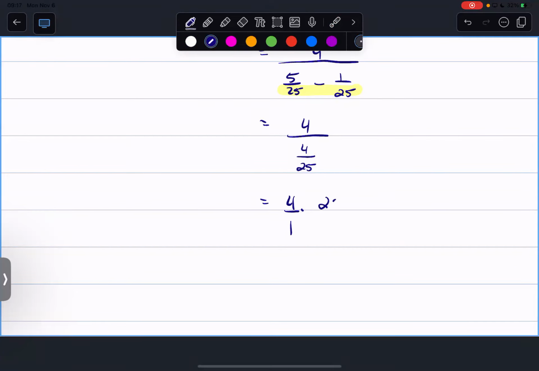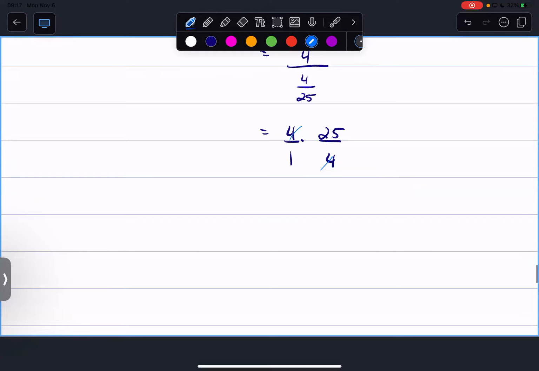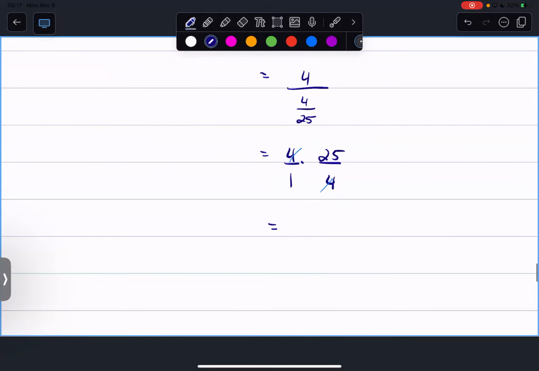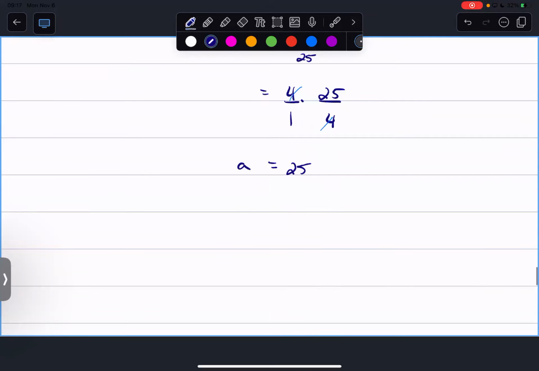And so you get times 25 over 4. And 4 over 4 is going to cancel. And what do you know? A is 25. And A is your starting value, right? So your initial population size or amount is 25.